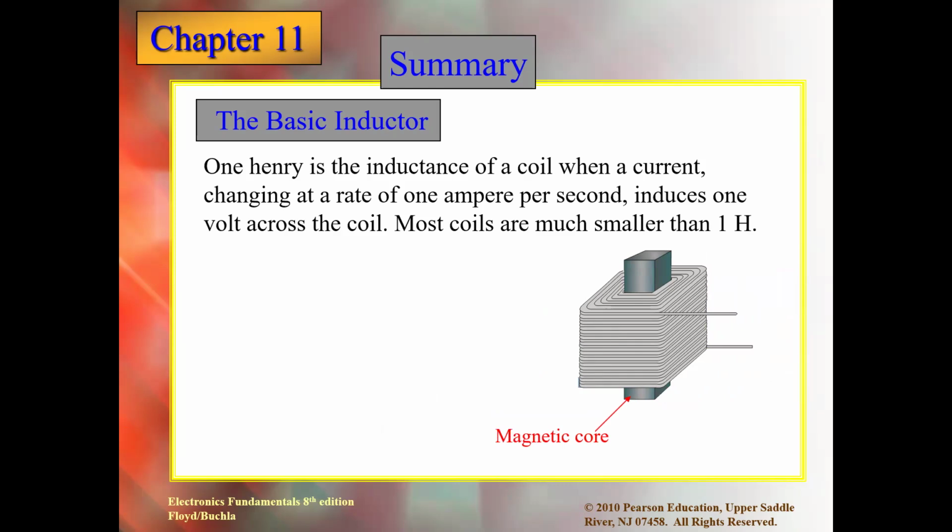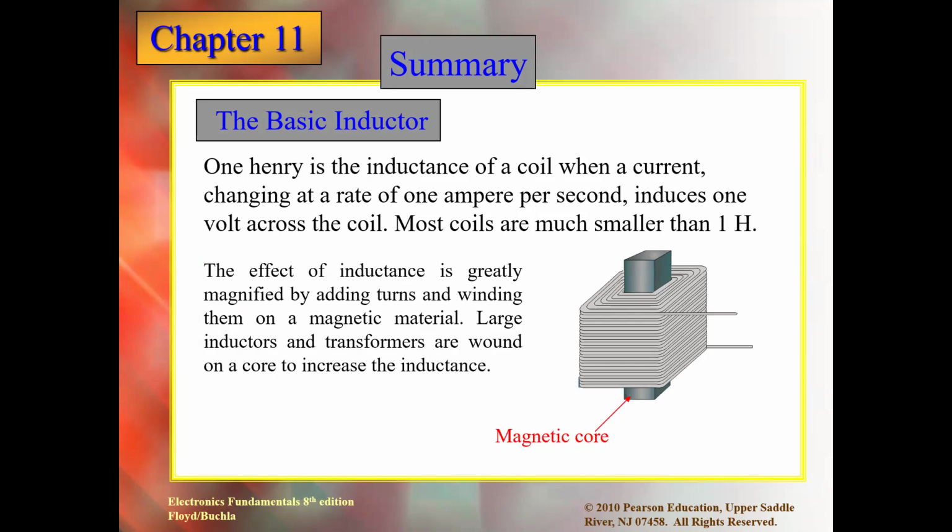We can have this coil wound on a magnetic core, which basically enhances the magnetic field when we wind the turns on the core. So the effect of inductance is greatly magnified by adding turns and winding them on magnetic material. Large inductors and transformers are wound on a core to increase the inductance.